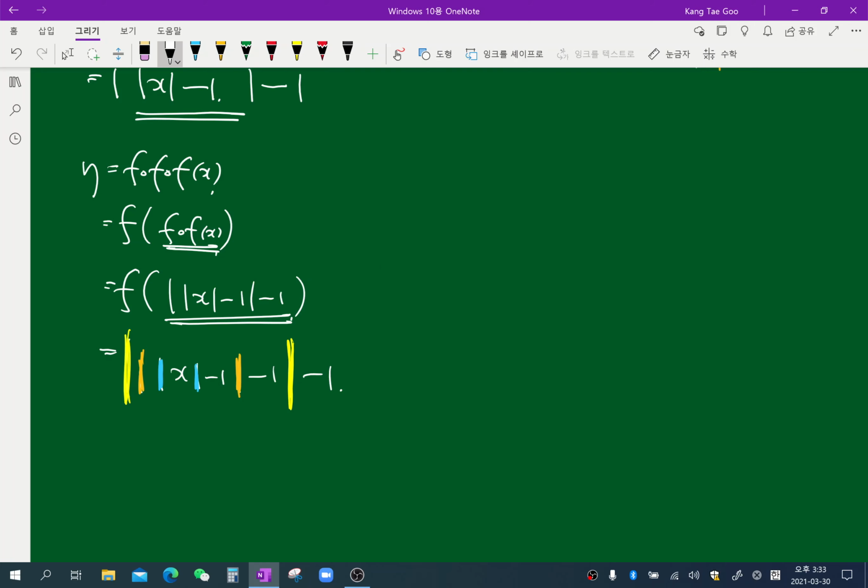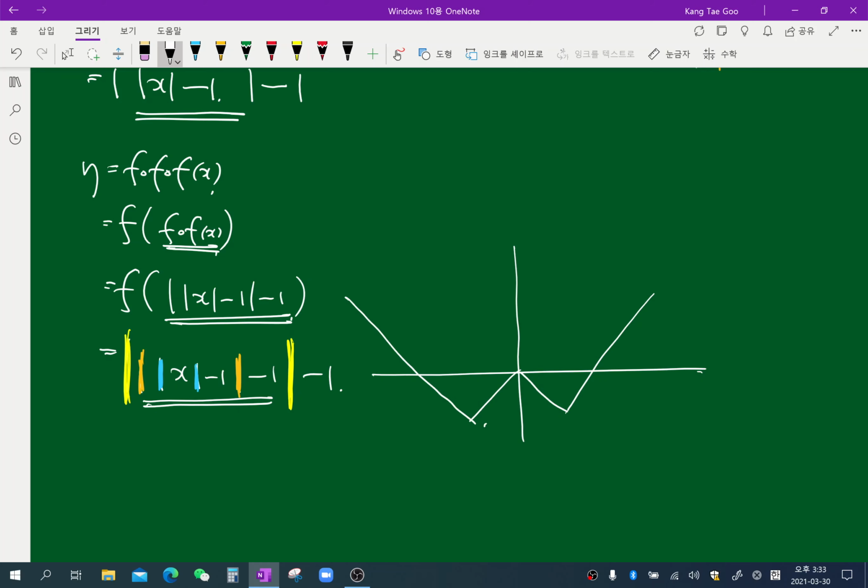Okay, up to there we already know what the graph shape is. That was like this, right? After that, we put the yellow color absolute value sign, and we fold up. So this one goes up, and this one goes up like this, and this part remains the same. And then we bring this down by one.